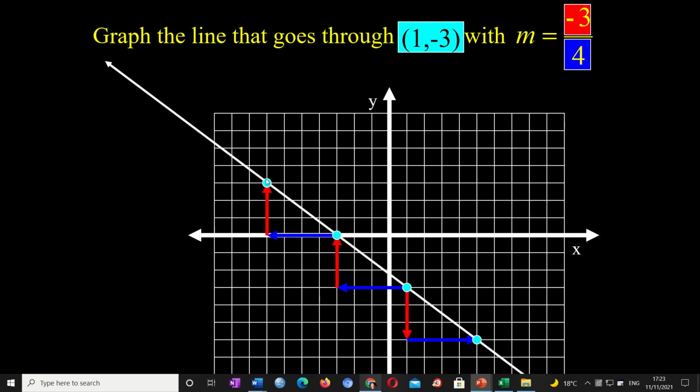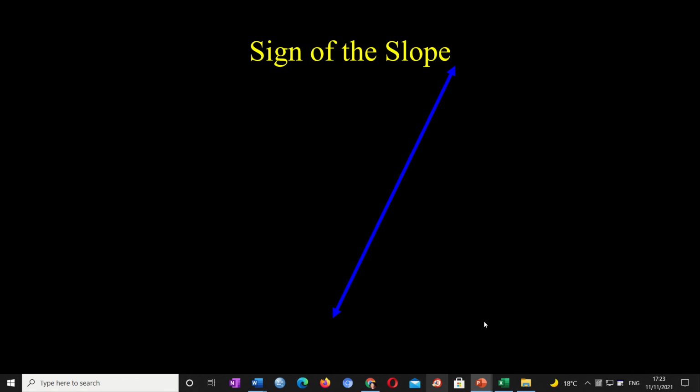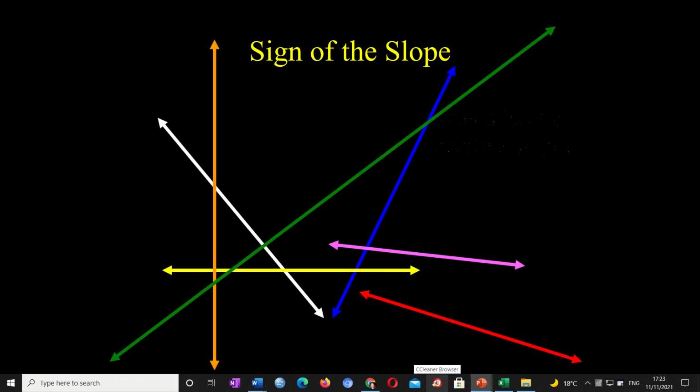Run 4, rise 3. Minus 4 and 3, okay? Here, minus 4, 3. Here, minus 3 and 4. So, rise, run, and we have this straight line. Now, the sign of the slope. Which one is positive and which one is negative?